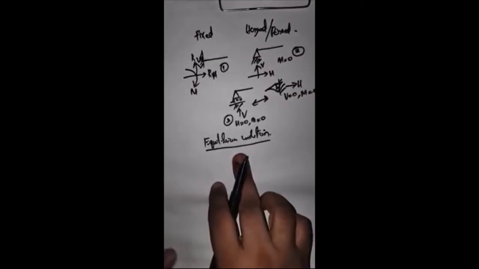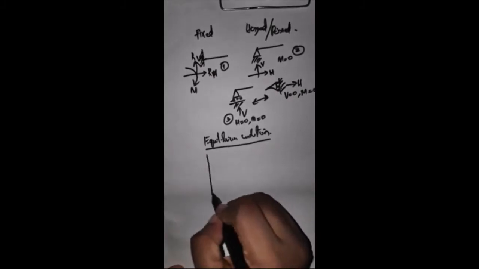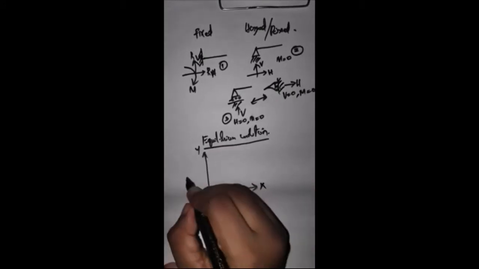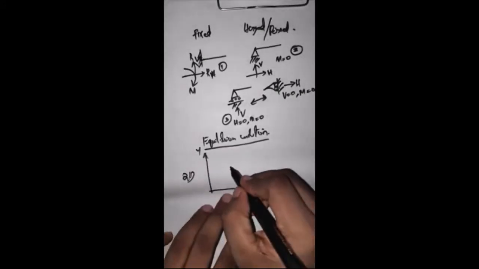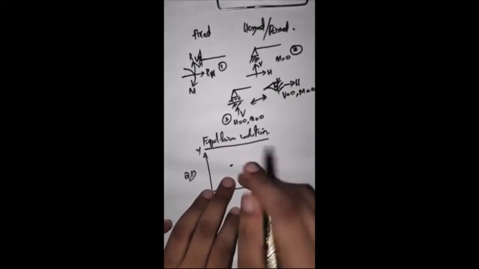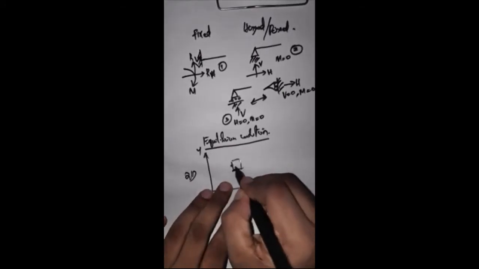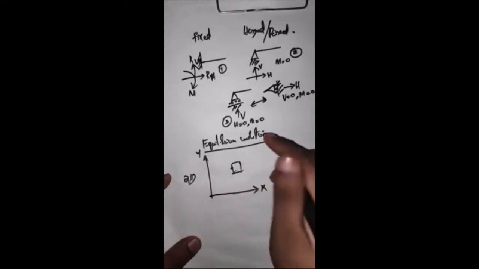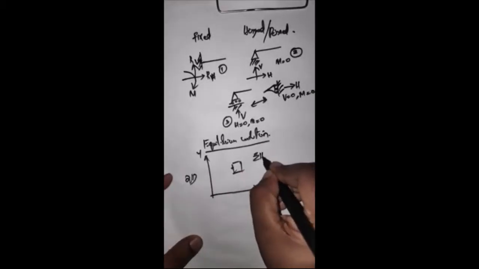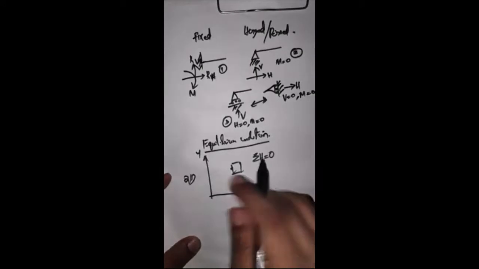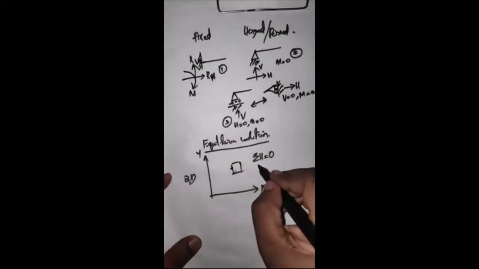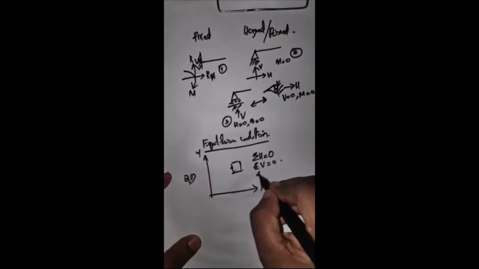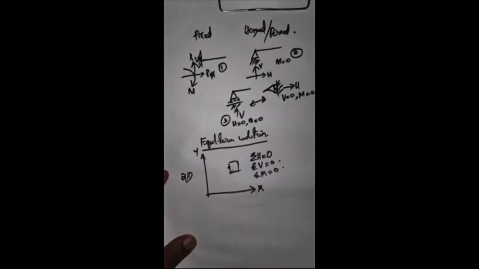Now the equilibrium condition. For a body in the XY plane, that is in a two-dimensional plane, for any body to be in equilibrium, the sum of the horizontal forces acting should be equal to 0, the sum of the vertical forces should be 0, and the sum of the moments should be 0.